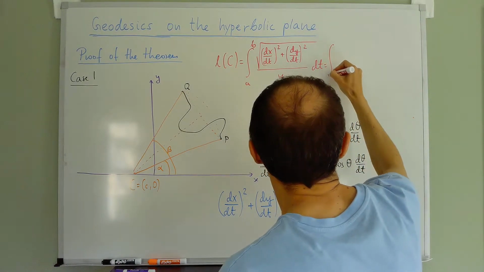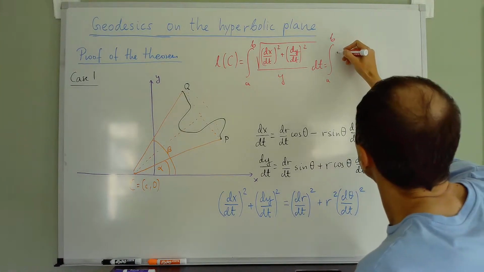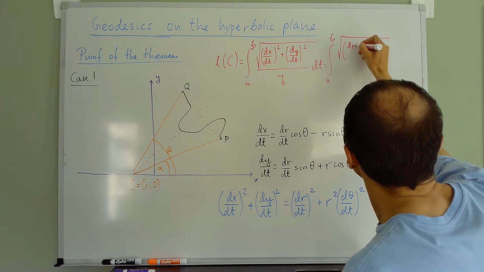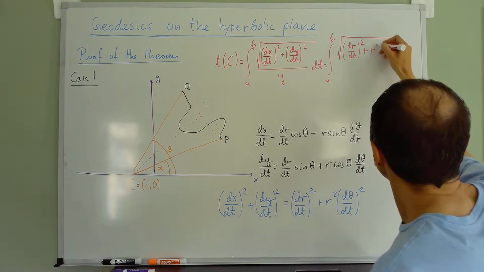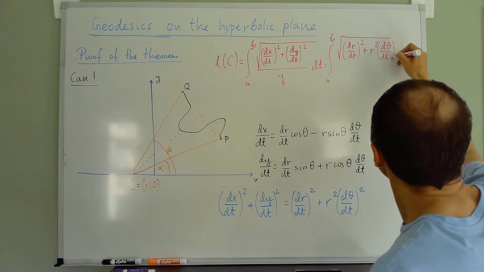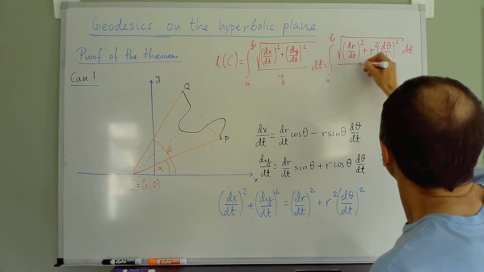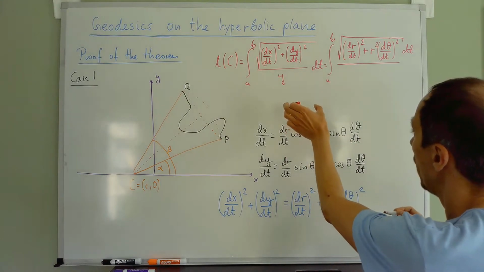So that's the integral from a to b of that expression over y. I erased y from here.